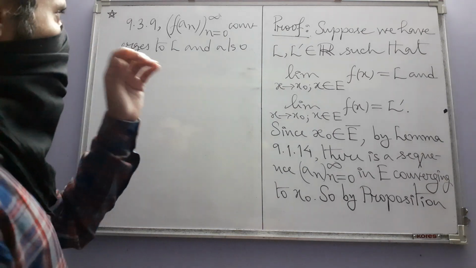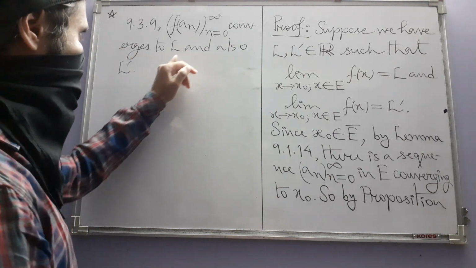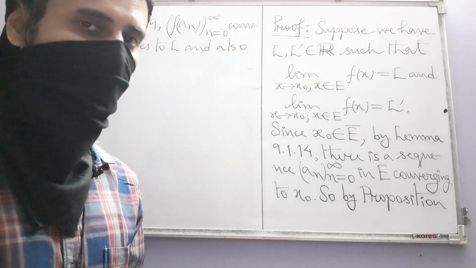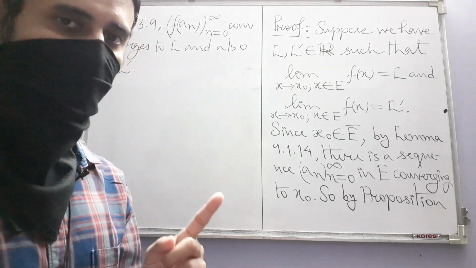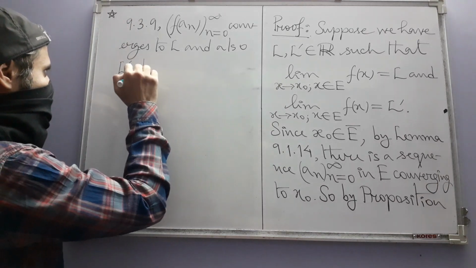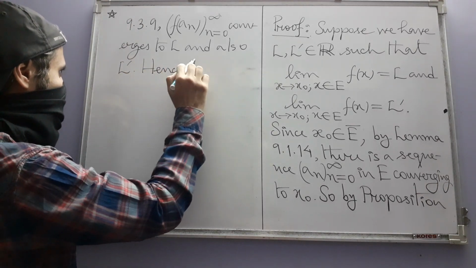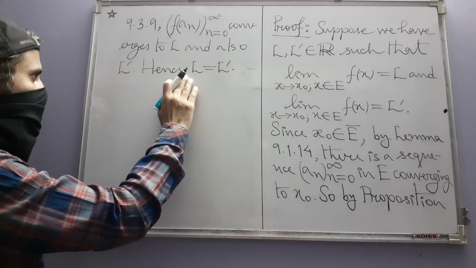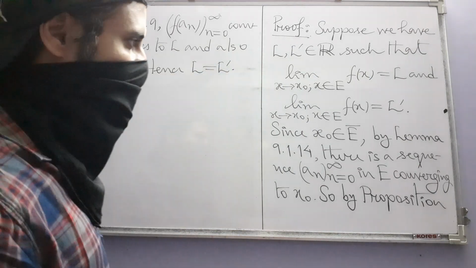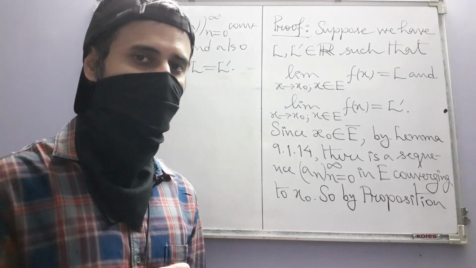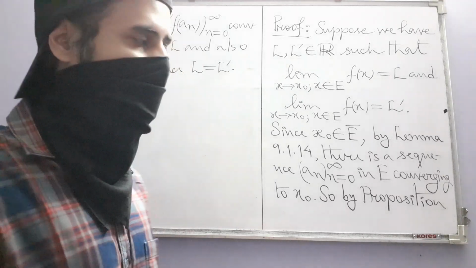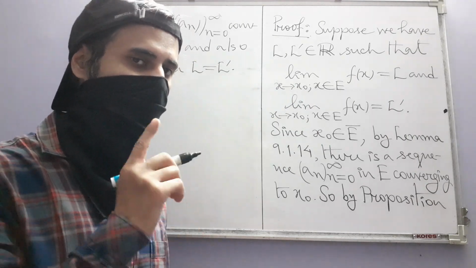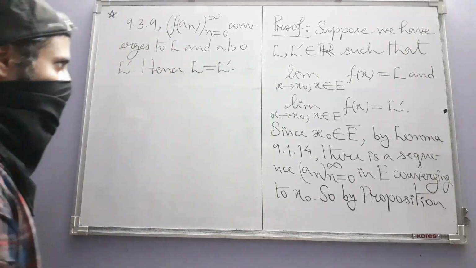But now we know that these are limits of a sequence of real numbers. So a sequence can have at most one limit, hence L is equal to L prime. If you want, you can refer here to that result also, which says that sequences of real numbers have at most one limit. Whenever they don't have any limit, fine, and whenever they do, there is only one for each such sequence.